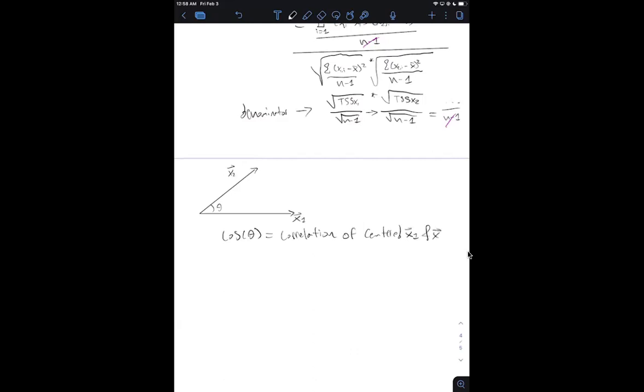What that means is that you can understand the correlation coefficient as basically how angularly close these two variables are when they're turned into vectors in n dimensions.